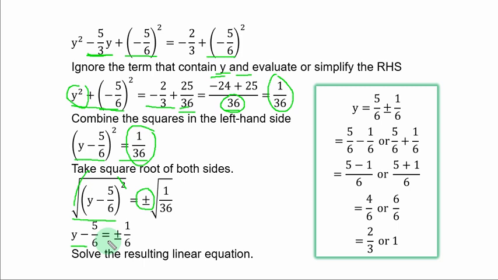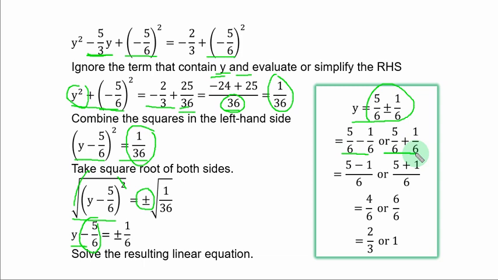Next step is to solve the resulting linear equation for y. You simply transfer this term to the right hand side and you have y equal to 5 over 6 plus minus 1 over 6. The plus minus term means you can write this expression twice, starting with minus before plus. So you have 5 over 6 minus 1 over 6, or 5 over 6 plus 1 over 6.